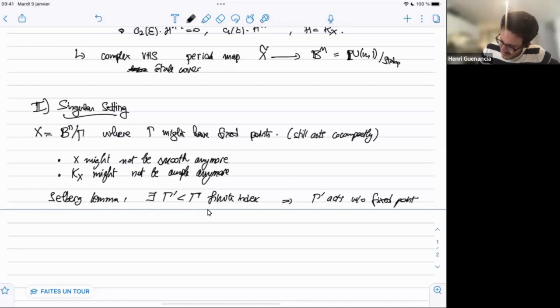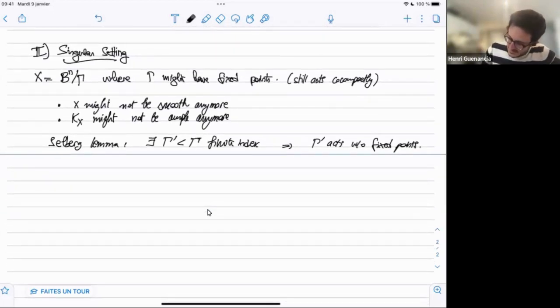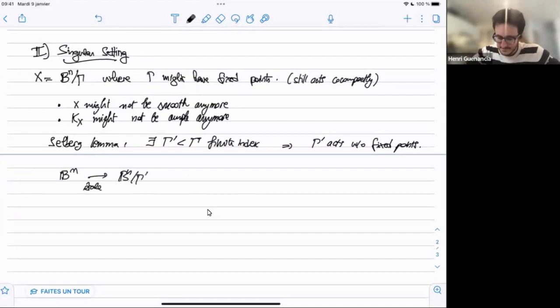And now, okay, move up. Now this is quite nice because it means that there's one intermediate quotient. If I start from the ball, then I have an étale map from the ball to the first quotient by this slightly smaller subgroup gamma prime. This variety, maybe I'm going to call this guy Y. This is an honest étale quotient of the ball, a compact projective manifold with ample canonical bundle.